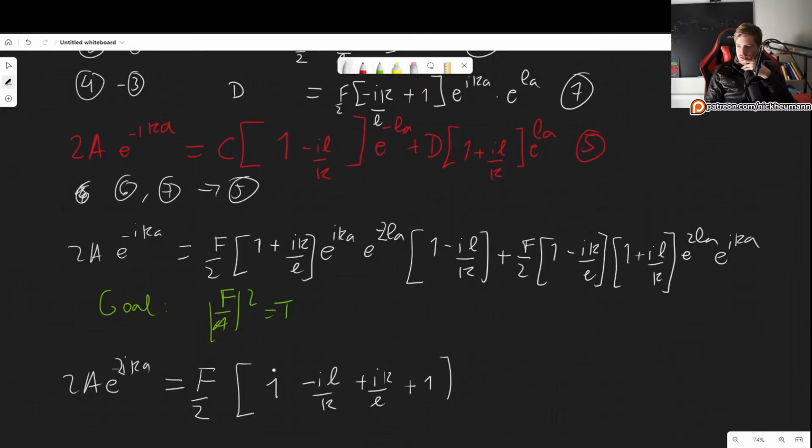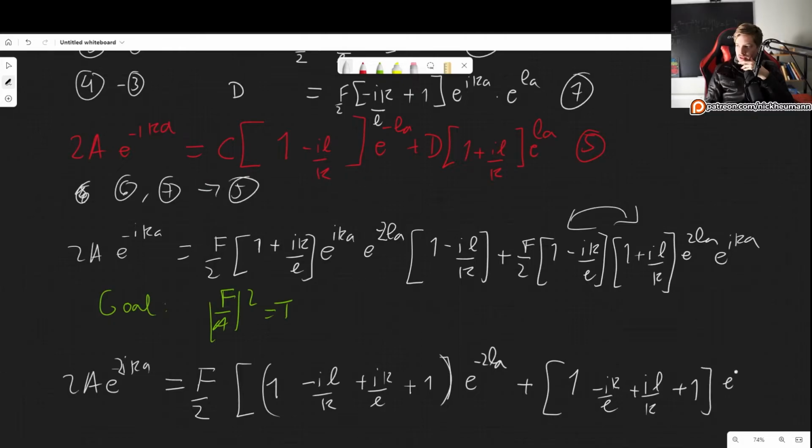And all of this times e to the minus 2LA. And then we have this other product here, where we get, once again, 1, and then we get minus IKL plus ILK, and then plus 1 again, because K's cancel out, L's cancel out, the minus turns into a plus with the I squared, and e to the 2LA.